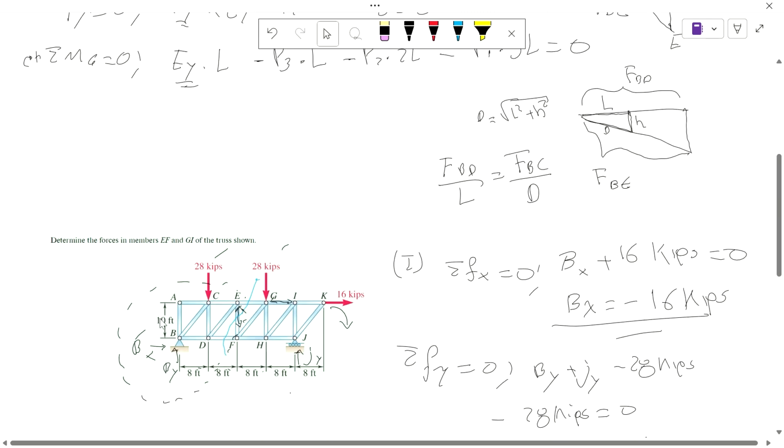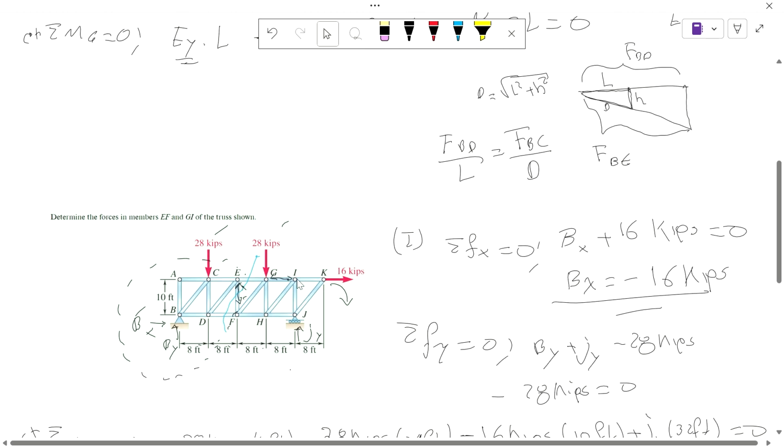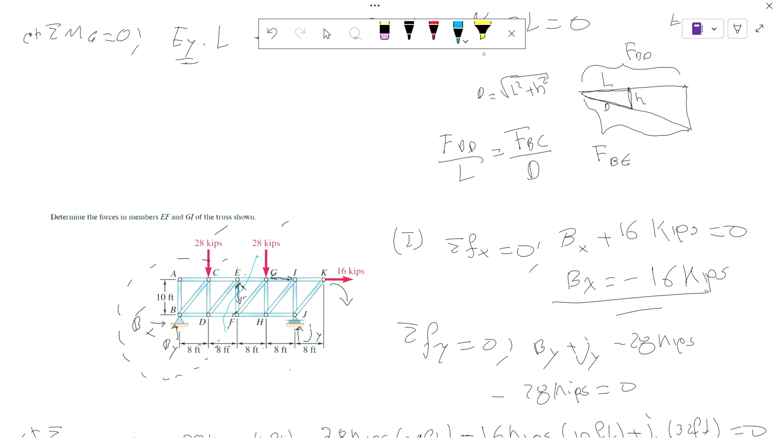Okay, so interestingly, GI is also a force on an element which happens to be horizontal. So E to F was vertical, G to I is horizontal. Therefore, we have to make a cut in a way that we can have GI exposed so we can consider it.